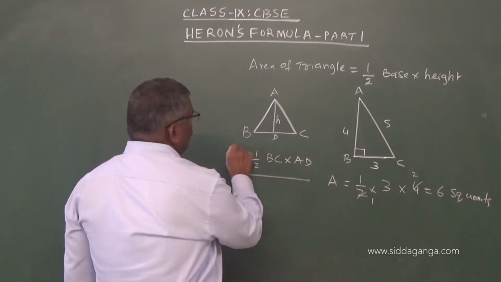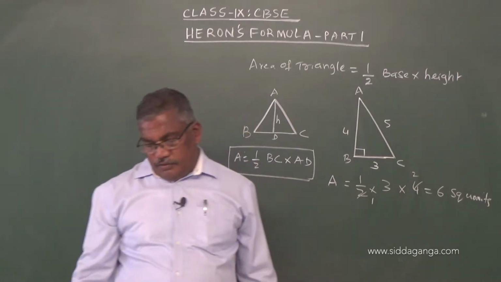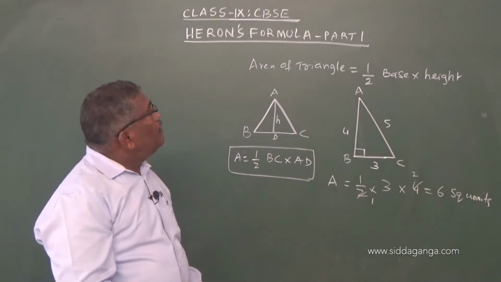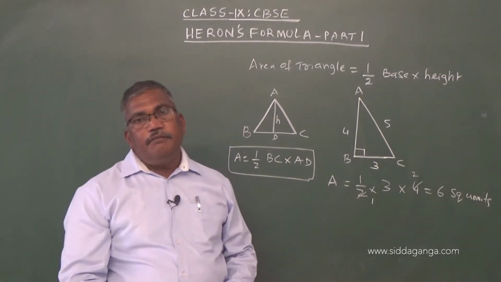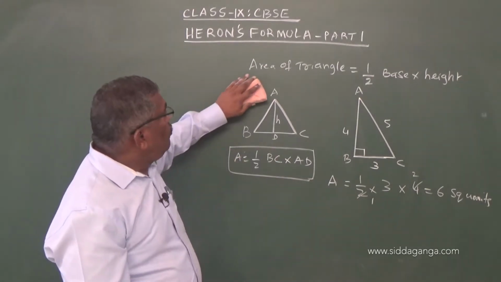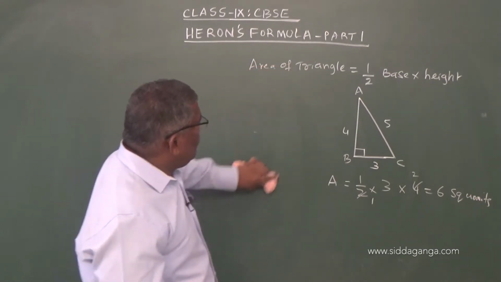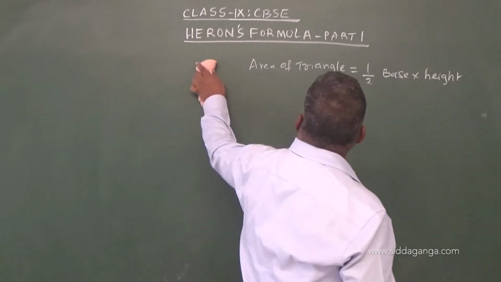With this we will be able to calculate the area of the triangle. These basics you have learnt in your previous class. Heron is a famous mathematician. He gave one more new formula to find out the area, so I am going to introduce it to you now.